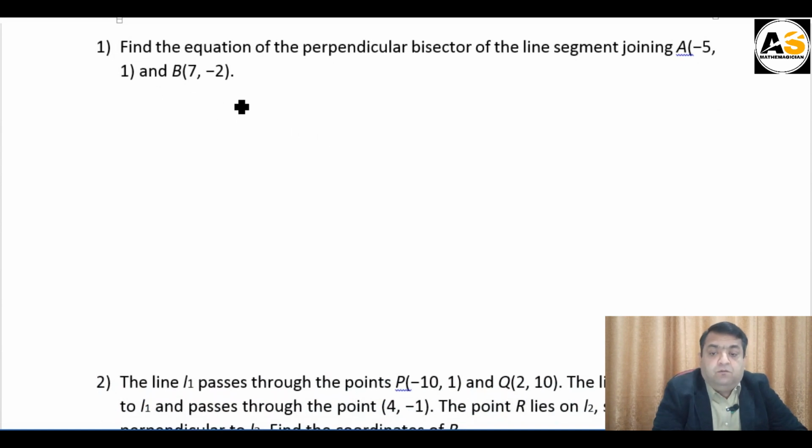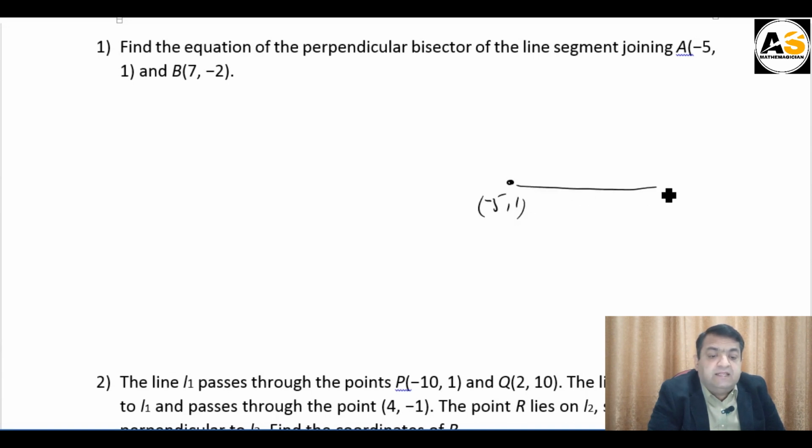Question 1. Find the equation of the perpendicular bisector of the line segment joining (-5, 1) and (7, -2). First of all, we need to understand this question. We are given 2 points. Let me have a rough sketch. (-5, 1), and the second point is (7, -2).